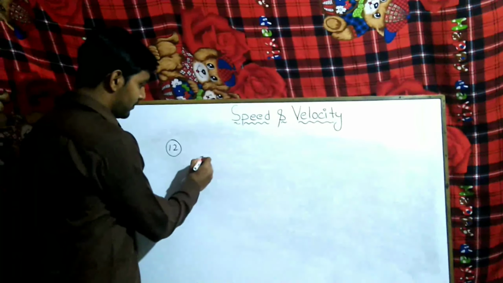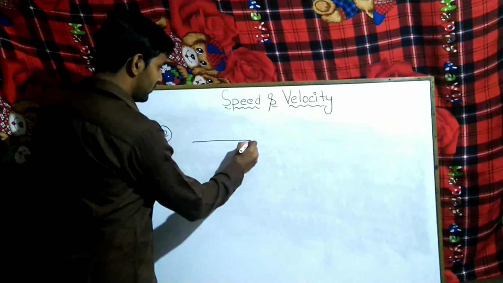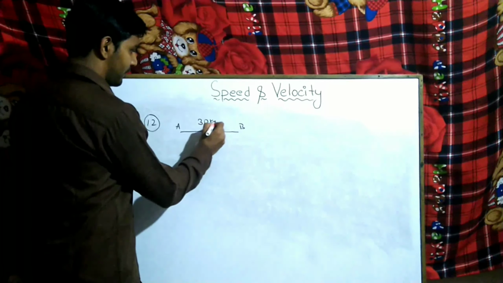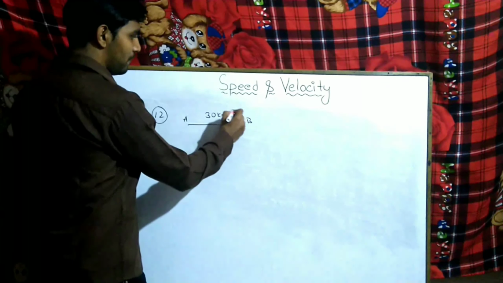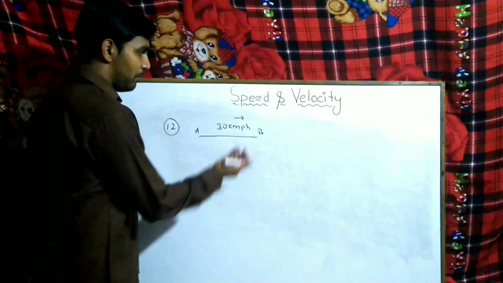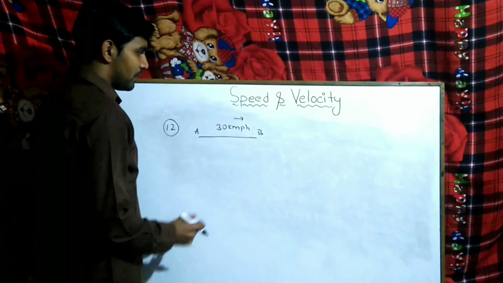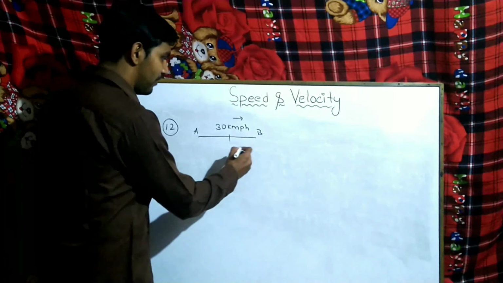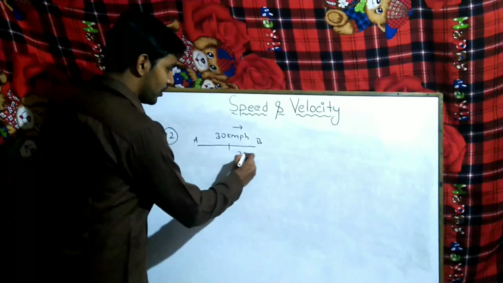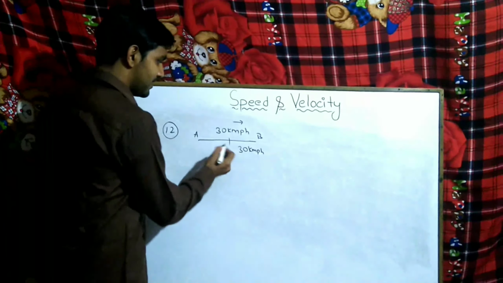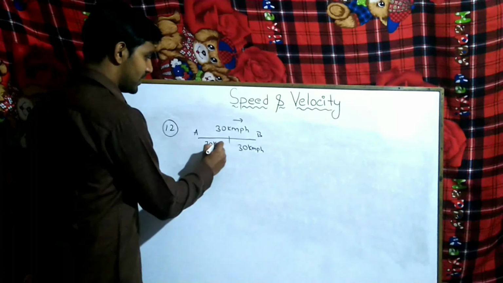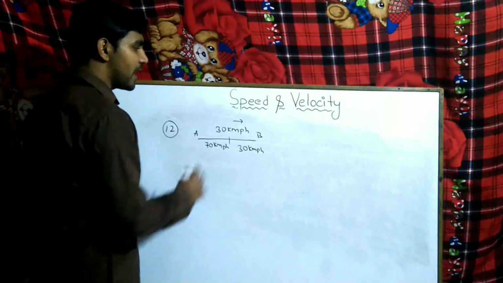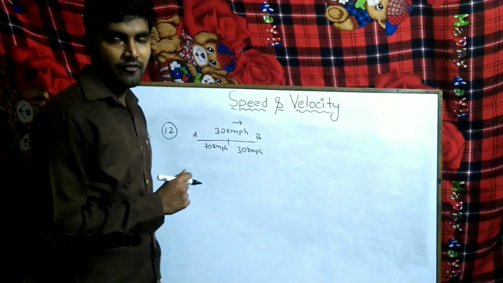Say in the 12th problem, if a body starts from point A and moves with a speed of 30 km per hour from A to B, but from B to A, half of the distance is traveled at 30 km per hour, and the next half of the distance at 70 km per hour. Okay, so now we have to find what is the average speed.